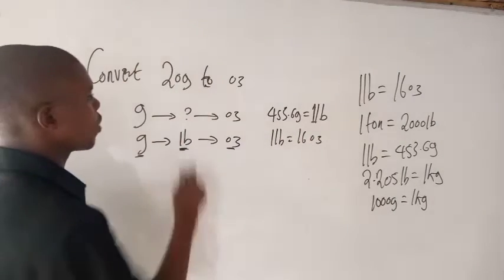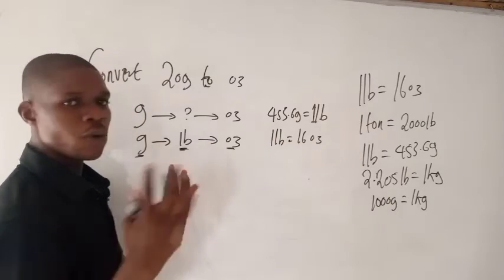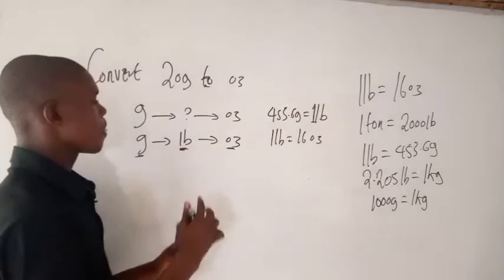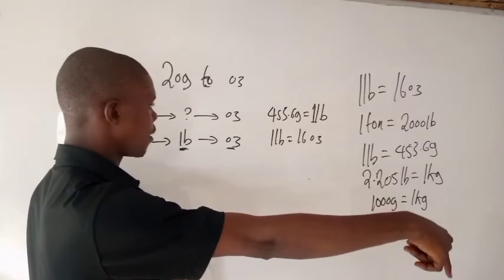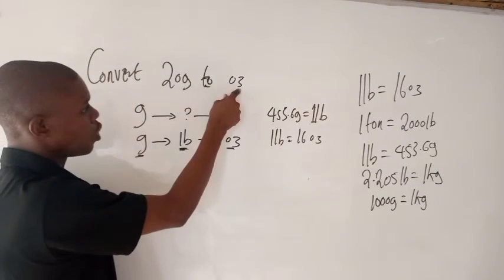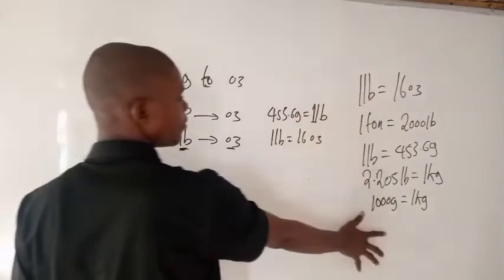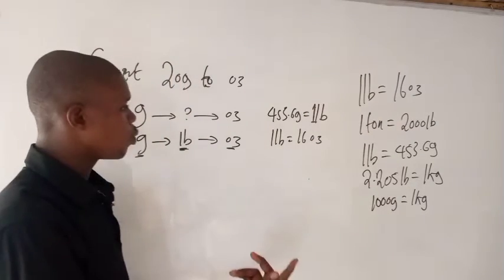So let me say that when a question is given to you like this and there's no direct relationship between the two of them, what you are going to do is look for the one you can convert it to before you get to the final units. So here we are asked to work from gram to ounce, but from this one given to me, there's no direct relationship between gram and ounce. So what am I going to do?